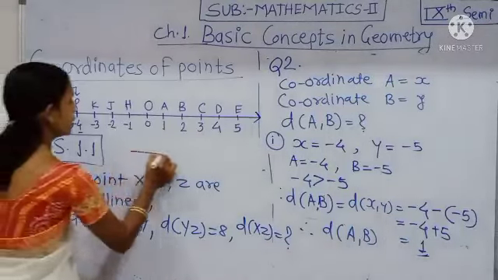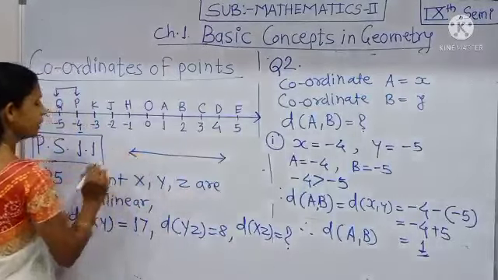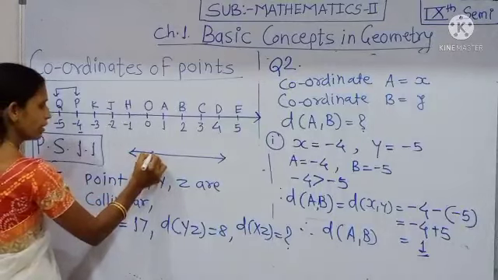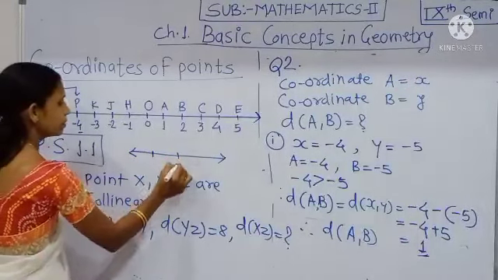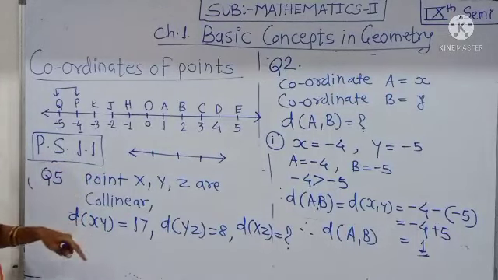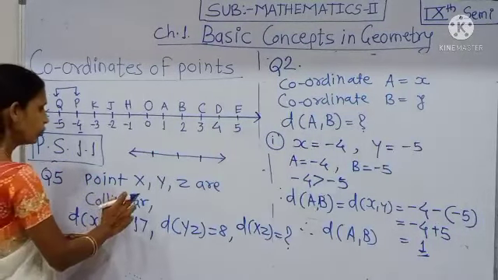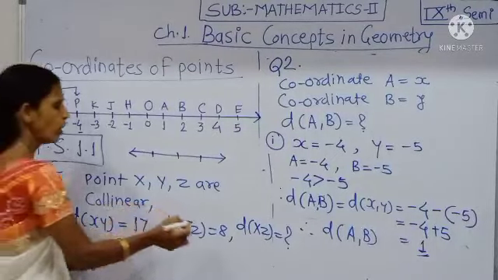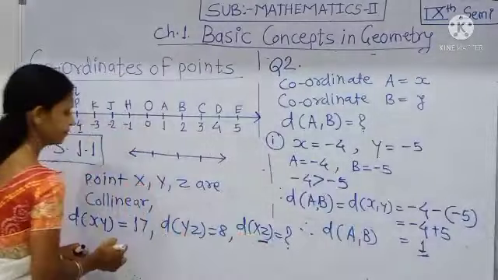Then here in the example it is given that X, Y, Z are collinear points, and we have to determine the value of XZ.